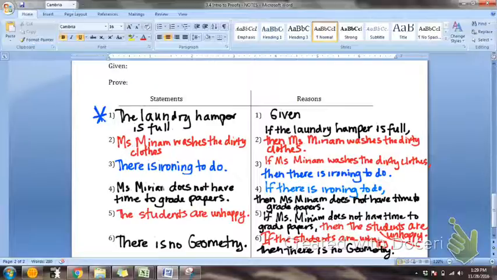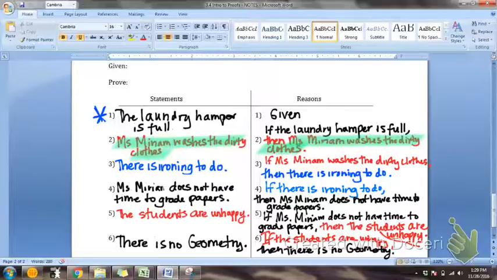Now I want to show you something. That's going to help you a little bit as well. I want you to look up here. When I wrote Miss Miriam washes the dirty clothes, can you guys see that highlighter up there on the board? That was the second half of my reason over here.